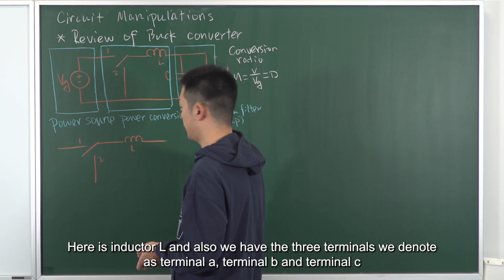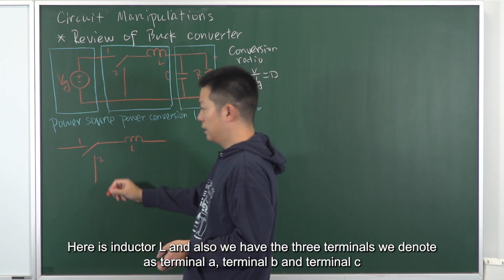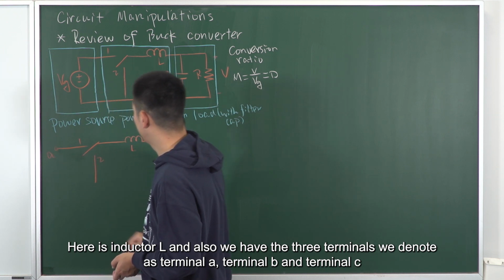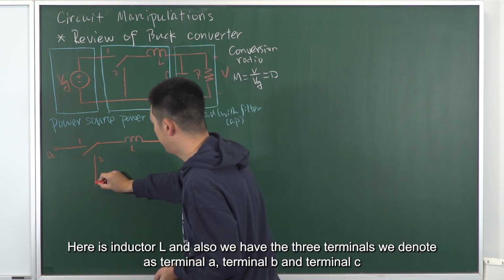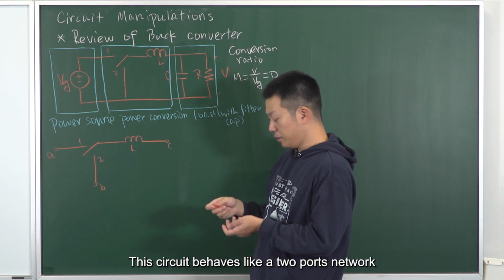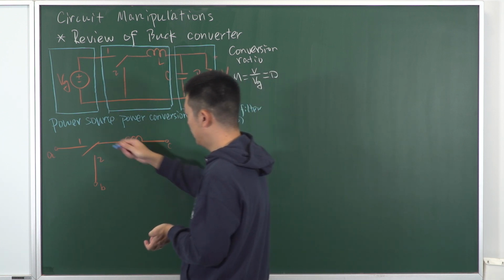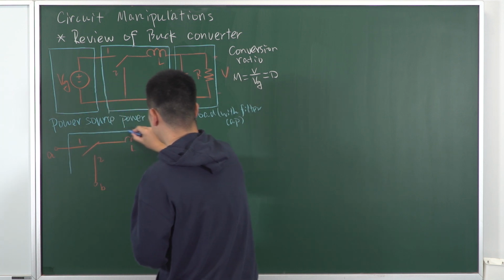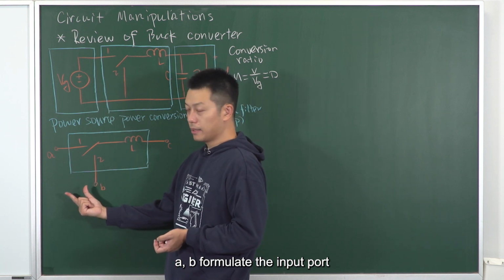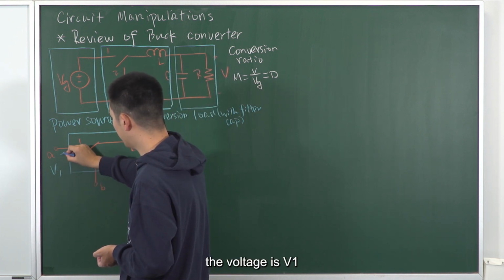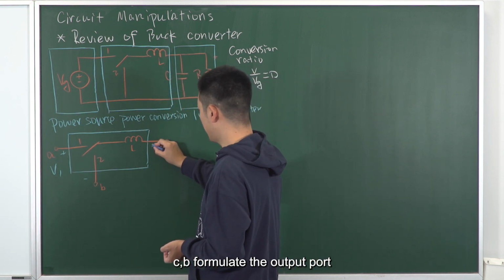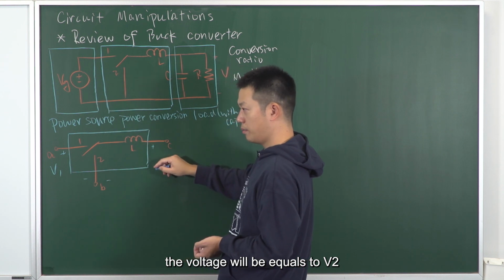Here is inductor L. And we also have the 3 terminals we denote as terminal A, terminal B, and terminal C. This circuit behaves like a 2-port network. AB formulate the input port. The voltage is V1. CB formulate the output port. The voltage will be equal to V2.